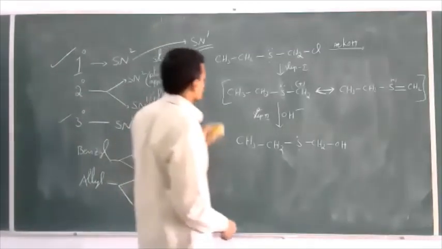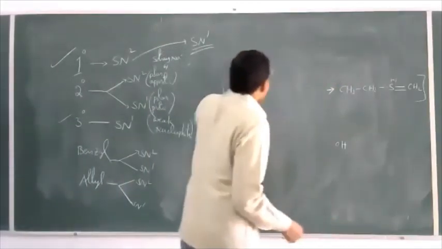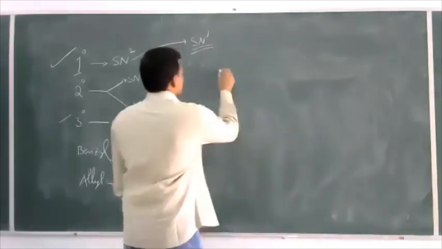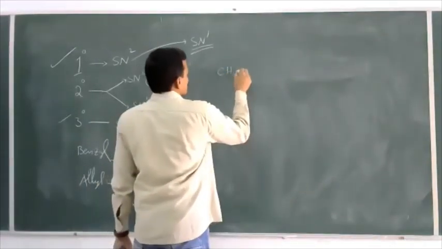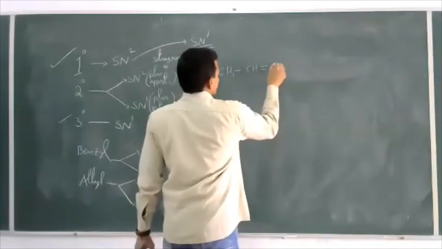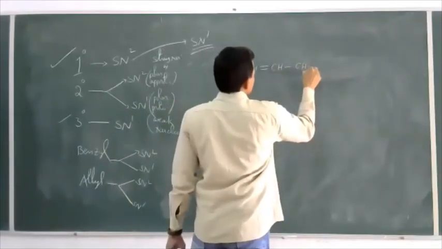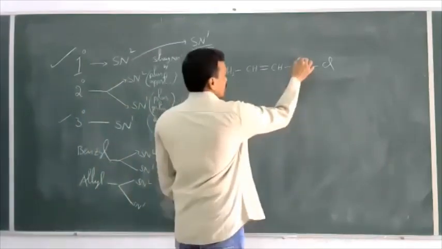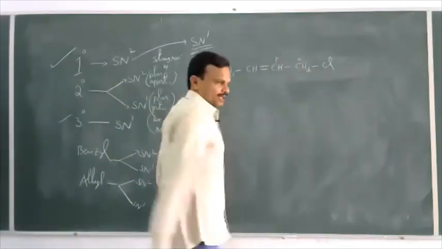In one more case, if a beta carbon has a double bond, let us see that example also. CH3, CH double bond, CH single bond, CH2Cl. This is alpha carbon, this is beta carbon.